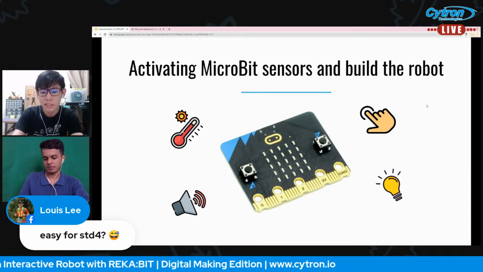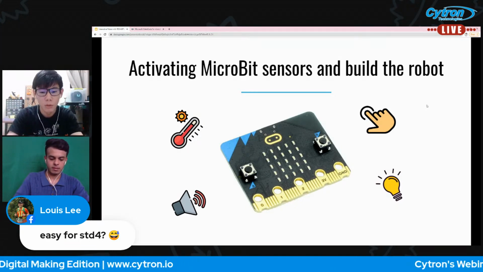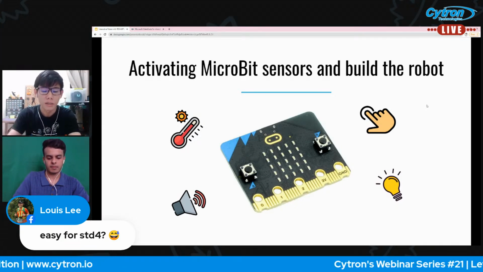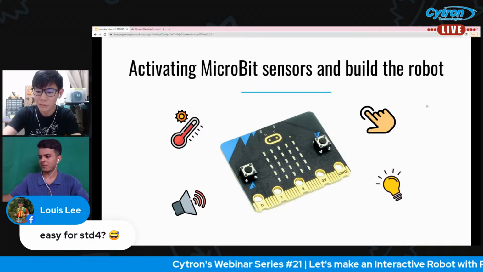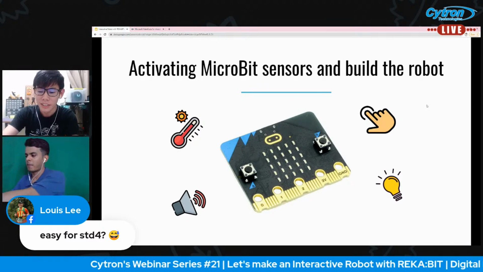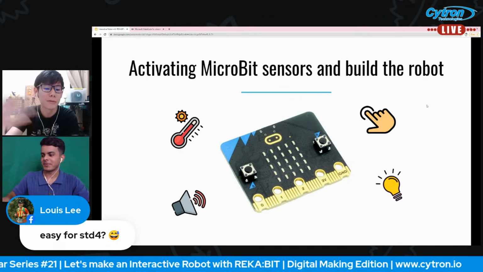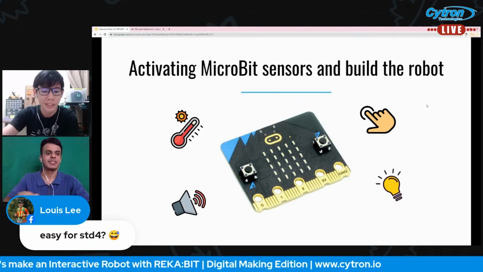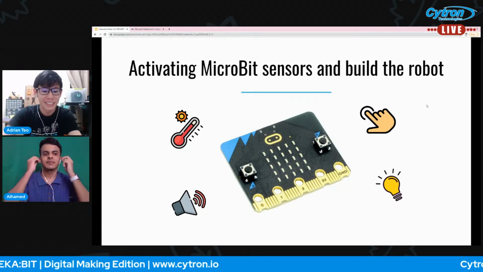After they learn the basics on microbit, they can move on to REKA bit to learn DC motor, servo motor, more stuff to learn. I hope I answered your question. If you have more questions, do drop them in the comment section, and Ahmed will answer them in the next part of the break. All right, you can continue the session.